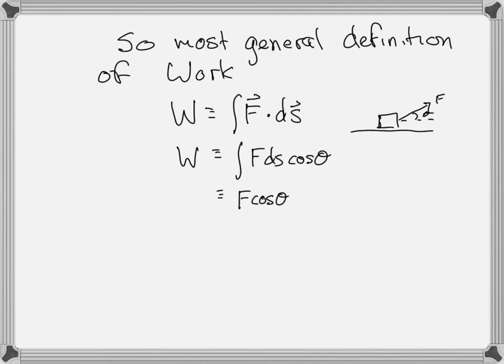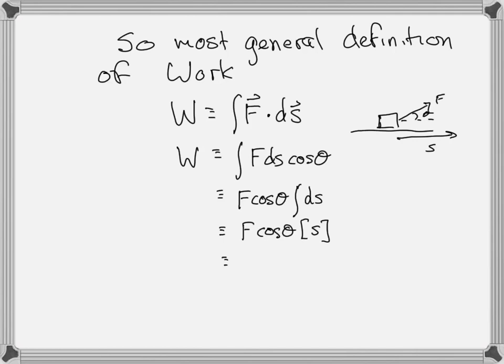If they do not vary with s, if they do not vary with our position variable, we can pull them out of the integral. s is still our integration variable because it's still a ds, but the integral of ds by itself is just s, times f cosine theta, and that's the answer to the integral. So if you don't actually have to integrate over a function, the integral of ds is actually delta s, s final minus s initial.